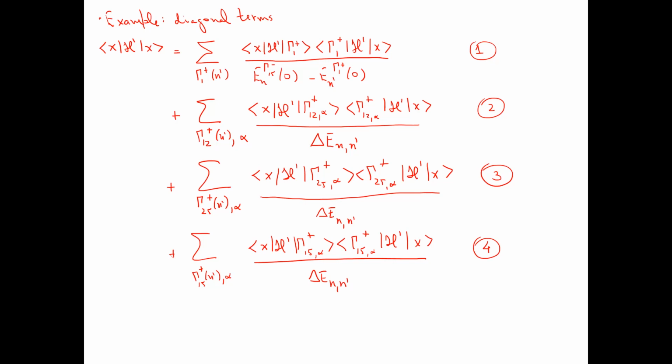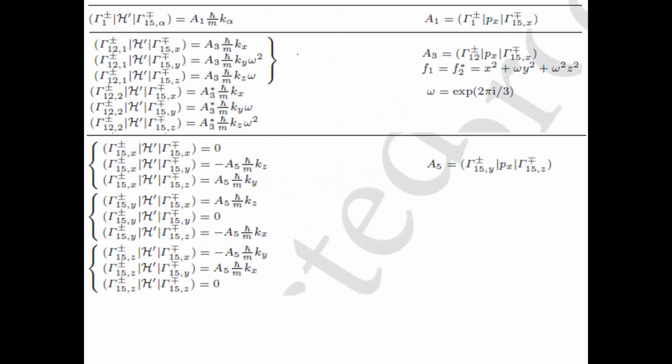For instance, X H prime gamma 1 plus. If we go back to that table, this is precisely the complex conjugate of this guy, right?